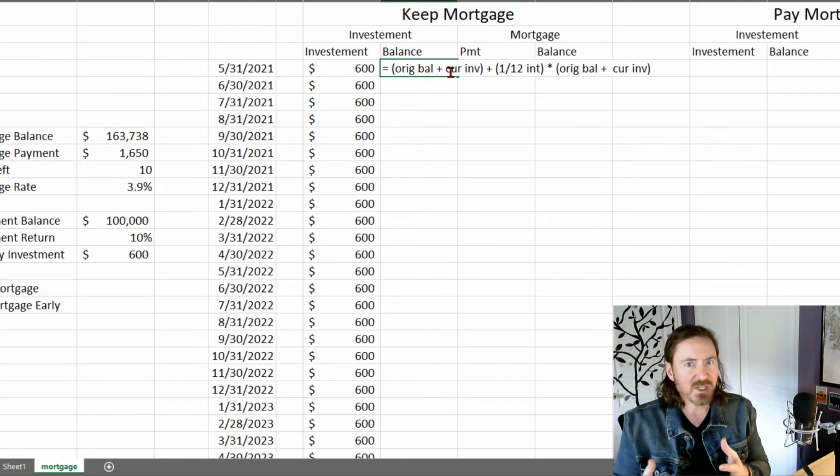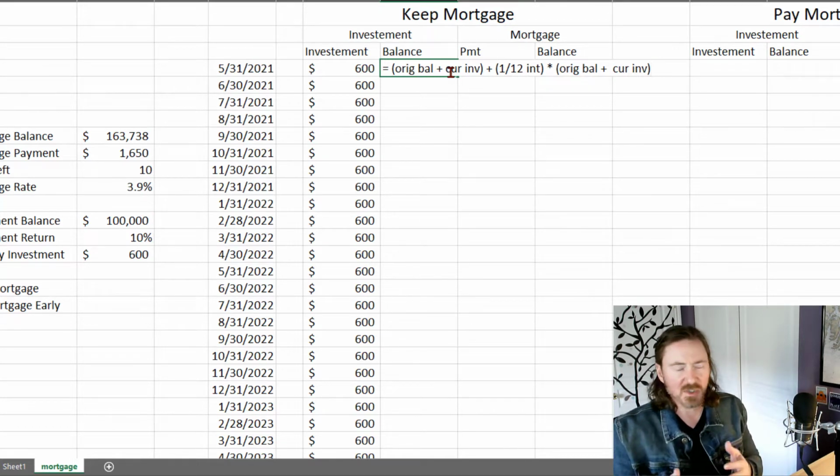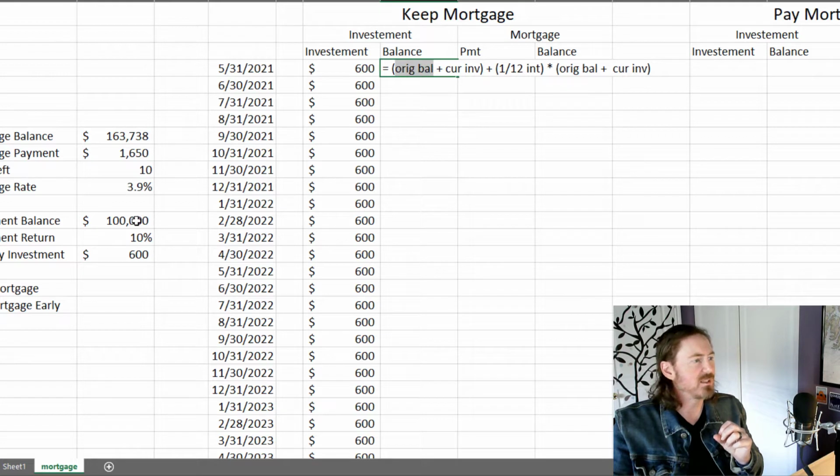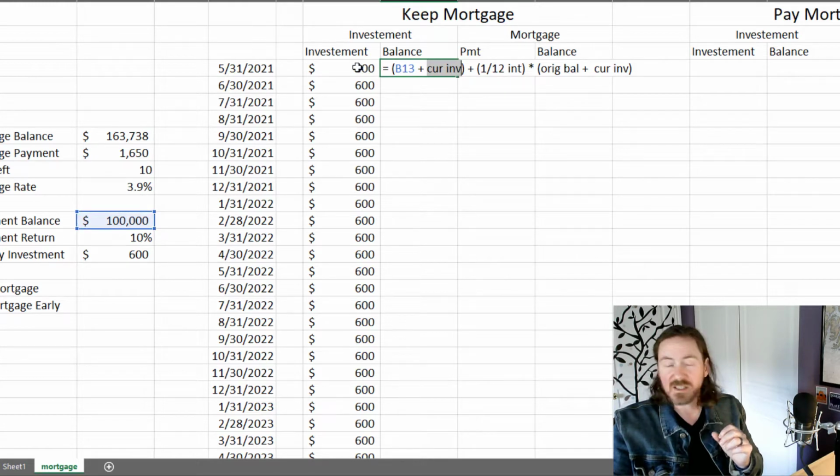Once we get this figured out for the first row, it's going to be much easier to move on. If I'm satisfied with that formula, now I just have to change things out. Well, my original balance is going to be that cell reference, and then my current investment is going to be this amount right here for that particular month. Cool.